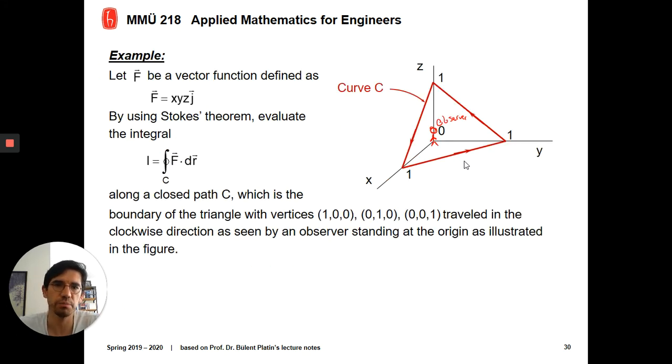Just an example here. Let me put my observer here. According to that observer, we are traveling in a counterclockwise or clockwise fashion. Actually, we are traveling clockwise with respect to that observer, so keep that in mind.